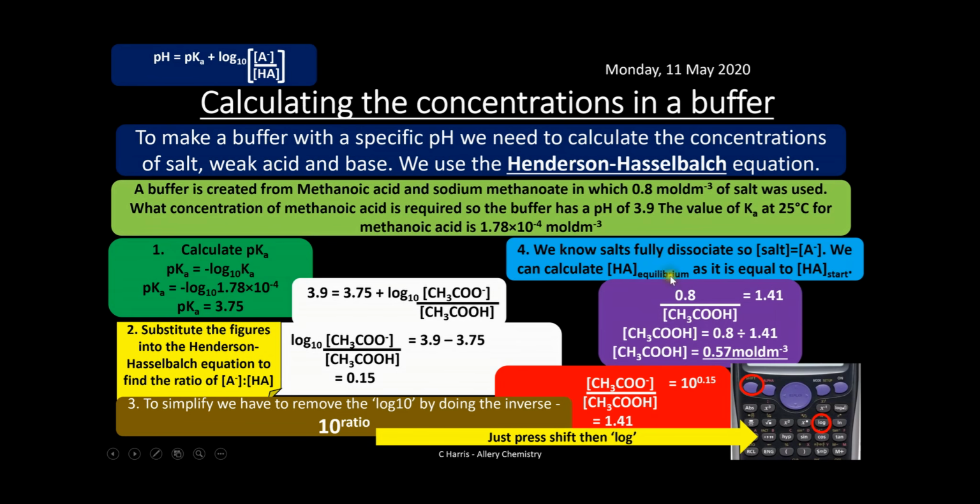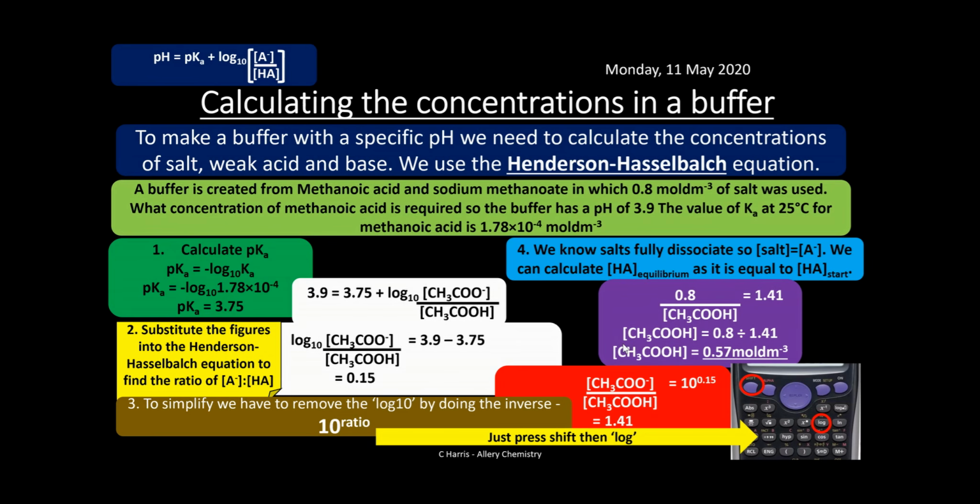We know the concentration of the salt, because we've been told here, is 0.8. So it's 0.8 divided by the concentration of acid, which we want to work out, equals 1.41, which we worked out here. We rearrange that equation, and we get concentration is 0.8 divided by 1.41, and so therefore the concentration of our weak acid is 0.57 moles per decimetre cubed.